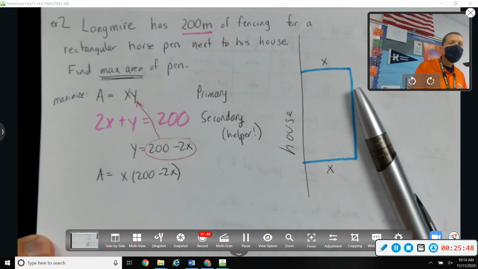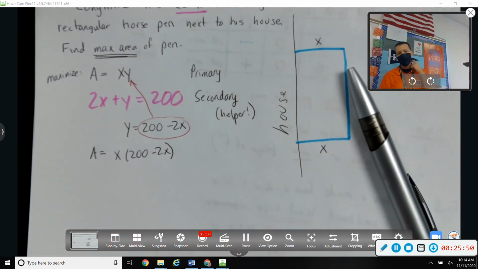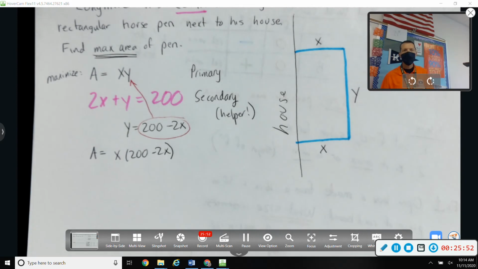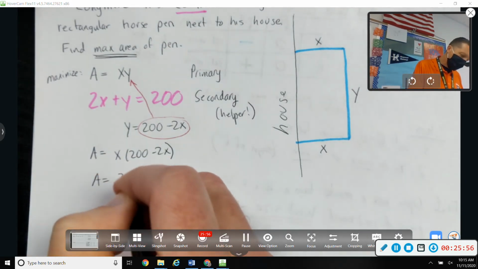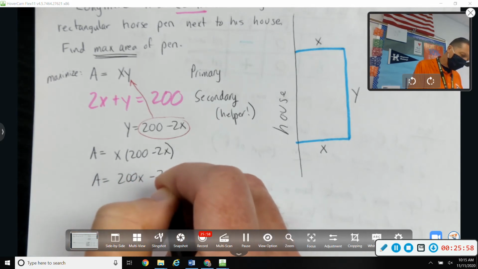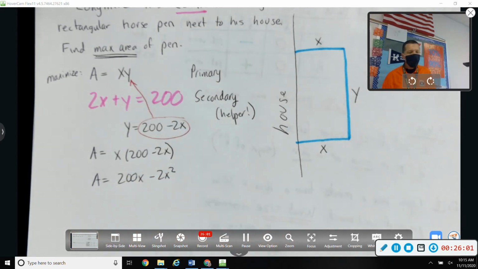And now we have an equation with just x's in it. It's going to make life a lot easier. So area is 200x minus 2x squared. Still really haven't done any calculus on this problem. This is all algebra prep work to get ready to do the calculus.